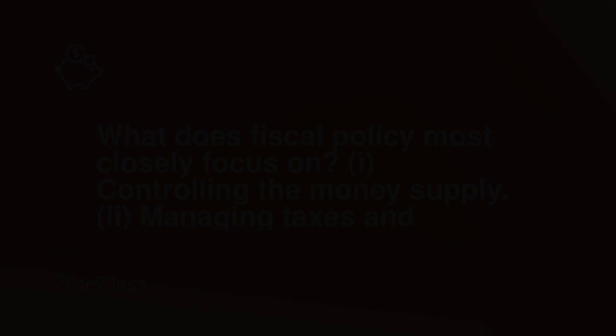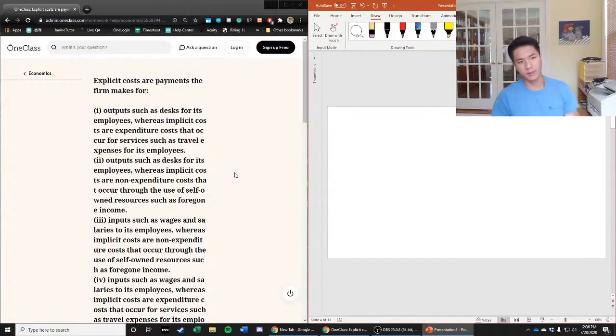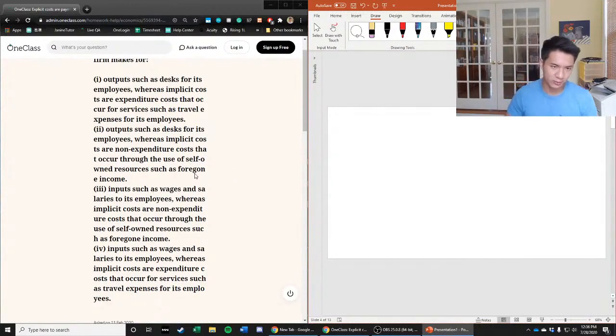Okay, next question says, explicit costs are payments the firm makes for one, outputs such as desks for its employees, whereas implicit costs are expenditure costs that occur for services such as travel expenses for its employees. Two, outputs such as desks for its employees, whereas implicit costs are non-expenditure costs that occur through the use of self-owned resources such as foregone income.